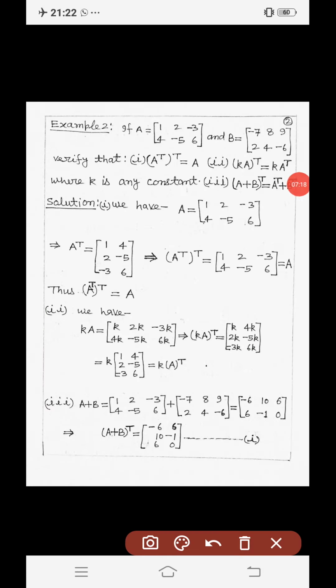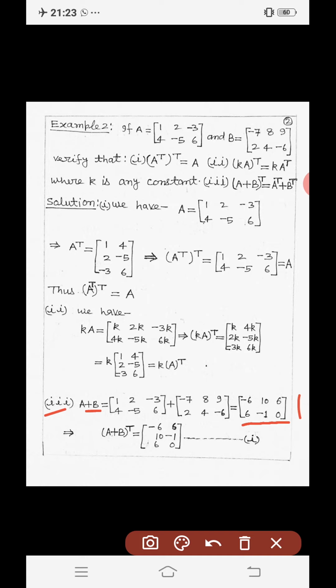Third, we have A plus B equal to -6, 10, 6, 6, -1, 0. Here we are adding the corresponding elements of matrix A and matrix B, and we get -6, 10, 6, 6, -1, 0.